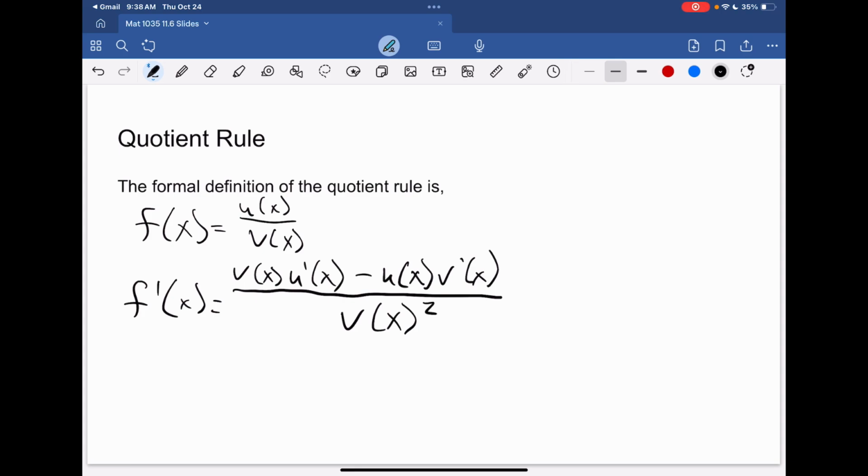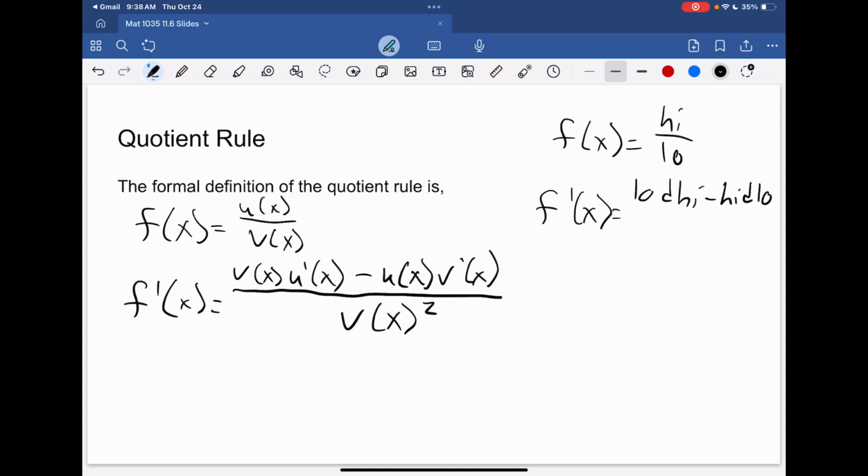So here is how I remember it for me personally. Let's say that f of x is written as some high over low. Then the derivative of f of x is equal to low d high, so the derivative of the high, minus high d low, so the numerator times the derivative, d for derivative, of the denominator, divided by low squared.